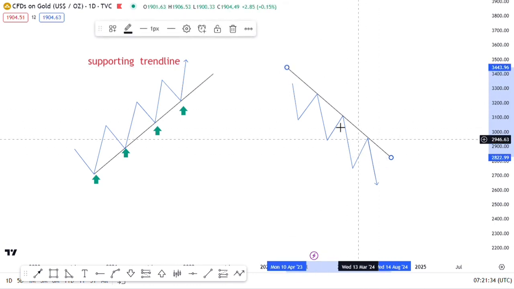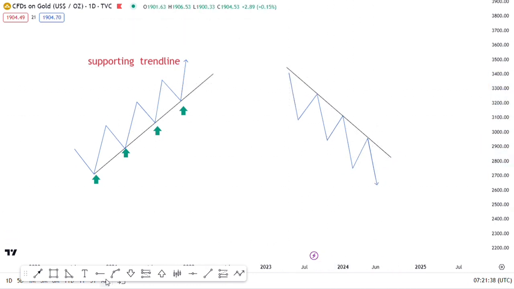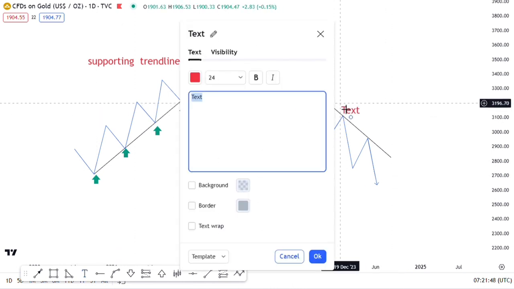This is what we call a resisting trend line. Let me just write it down. A resisting trend line or resistance trend line.